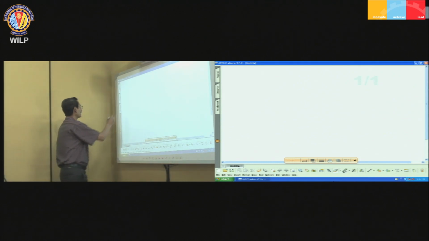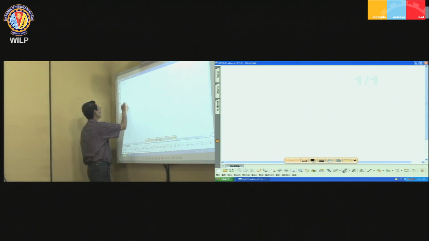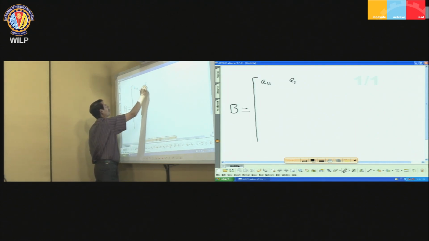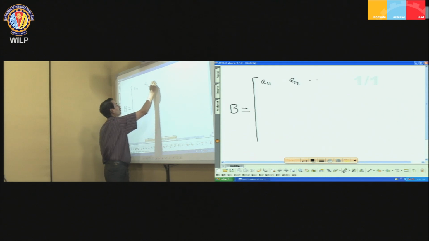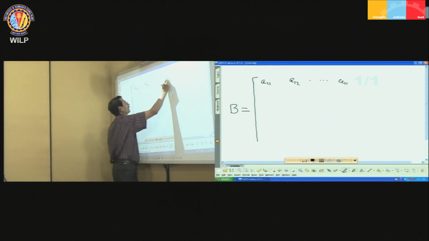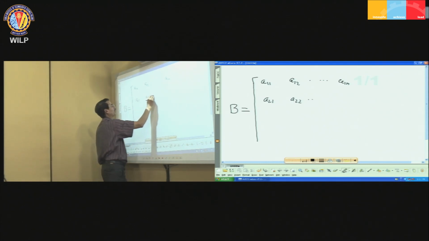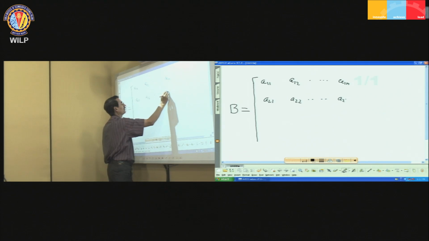So, look here at the matrix B, that is the augmented matrix. I am writing the matrix B here, that is the augmented matrix. A11, A12 and so on and so forth, A1n, A21, A22 and so on and so forth, A2n.